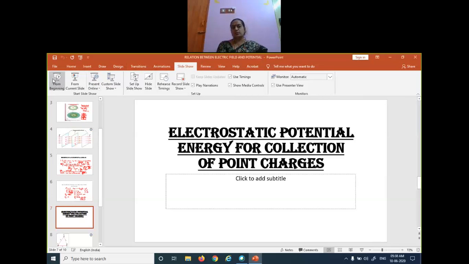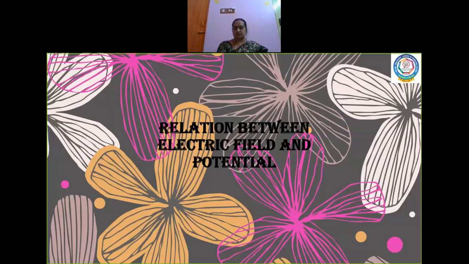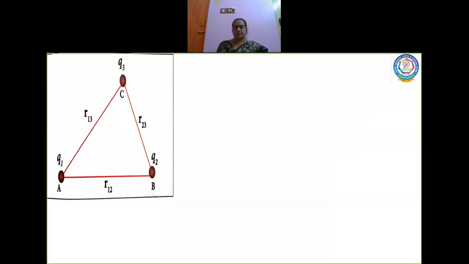What is electric potential due to a point charge? V is equal to Q by 4 pi epsilon naught R. This formula we are going to use for this whole topic.